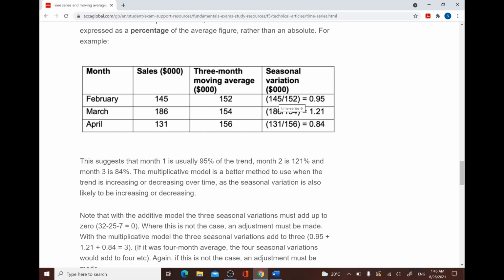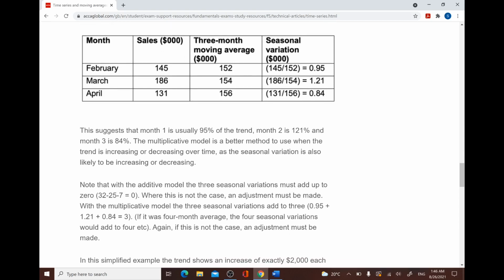So what is the 0.95? The 0.95 means that your actual sales is actually 95% of 152. I repeat: when you take this trend 152, that's what you estimated, and you multiply with the 95%, and that will be the sales in February.